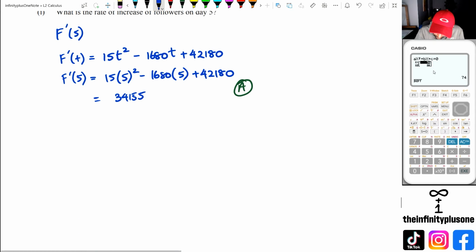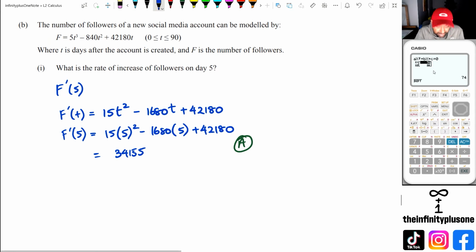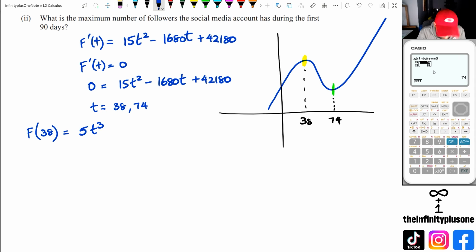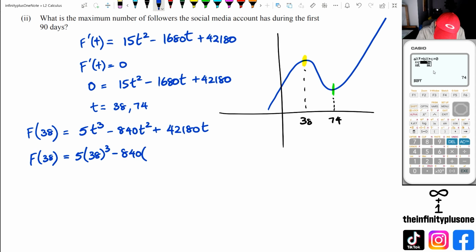So we're going to go back and get the original equation, which is 5t cubed minus 840t squared plus 42,180t. So f of 38 is 5 times 38 cubed minus 840 times 38 squared plus 42,180 times 38.